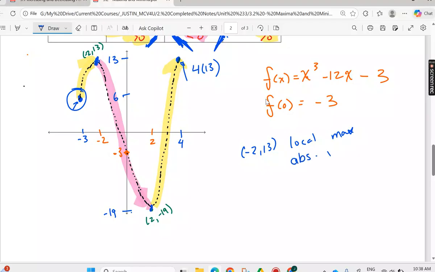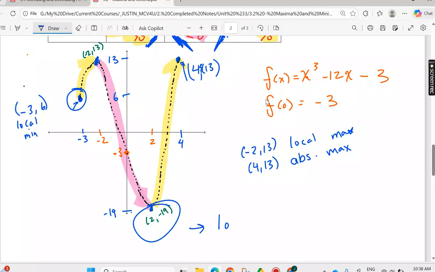This can also be an absolute max, because the endpoint (4, 13) is also a local max and an absolute max, because they both have a y value of 13. Now this endpoint here, (-3, 6), is a local minimum but not an absolute minimum because there is a point smaller.